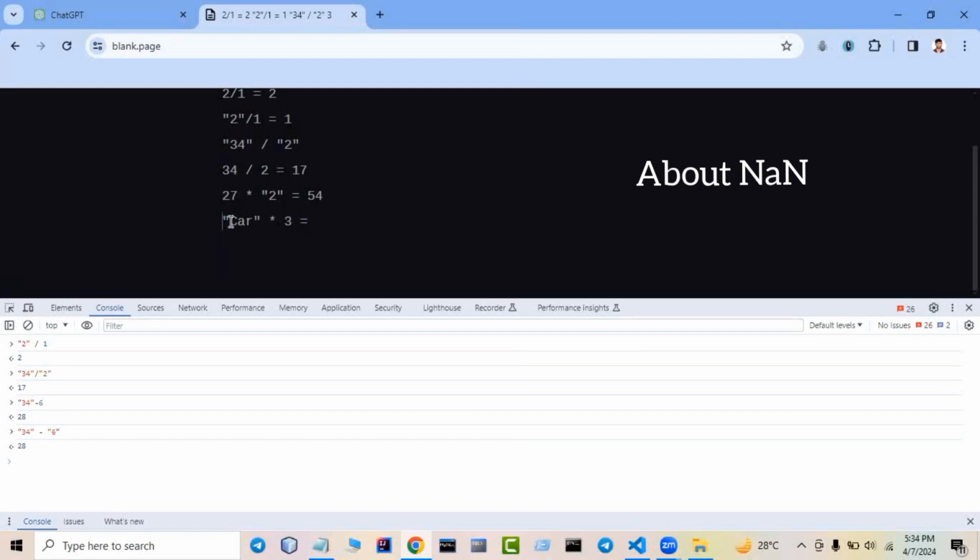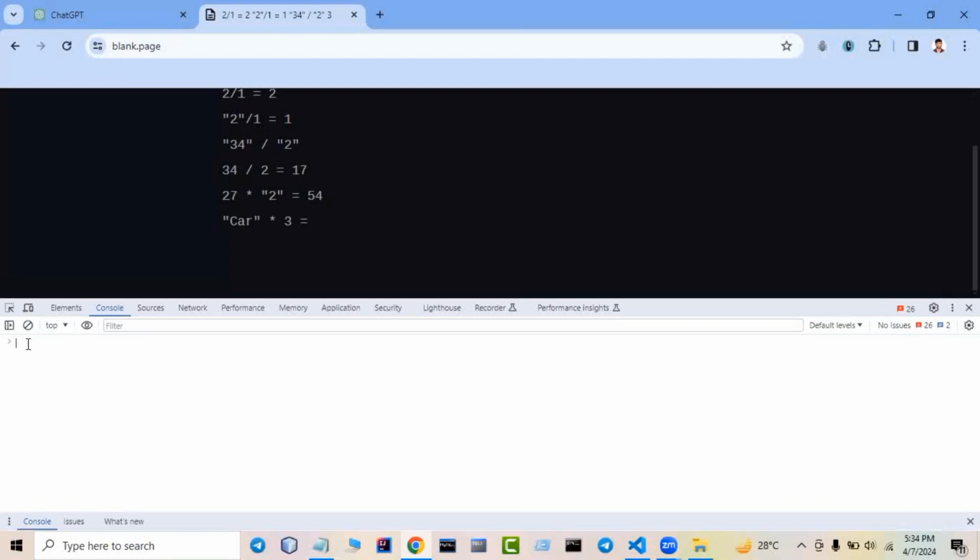And when JavaScript tries to convert car into a number, it is not able to convert that operand, so it will give NaN, not a number. It directly generates not a number. It's as if to say, programmer, it's your fault, I'm not able to convert car into a number, so that's why I give you NaN. If I do something like this in the console, car multiplied by 2, you can see it gives NaN.